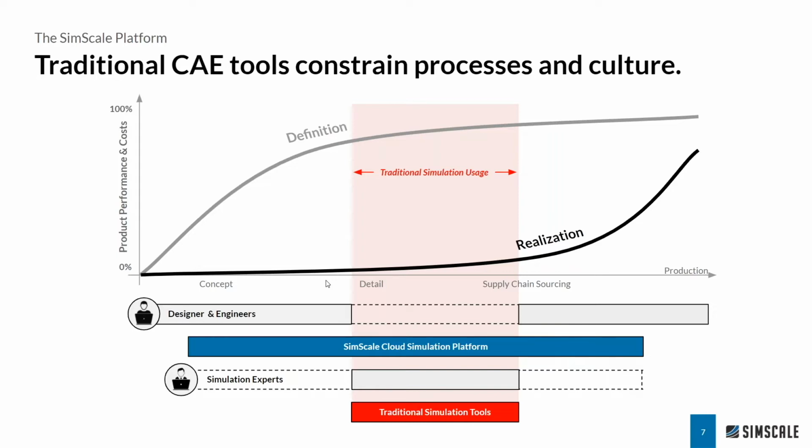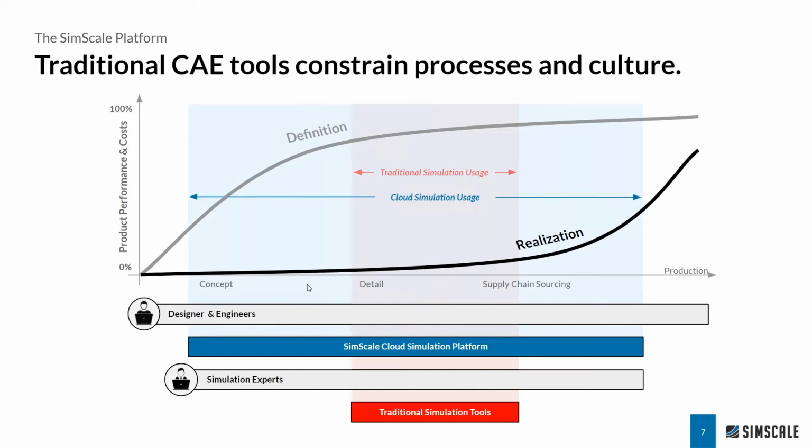So getting this support either by simulation experts or the SimScale support team is an important step and can allow them to very early make calls and validate their designs and design decisions or ideas. So that's how we want to make simulation of better use and have more people simulate and have them simulate earlier, as you can see also in this expansion graphic.